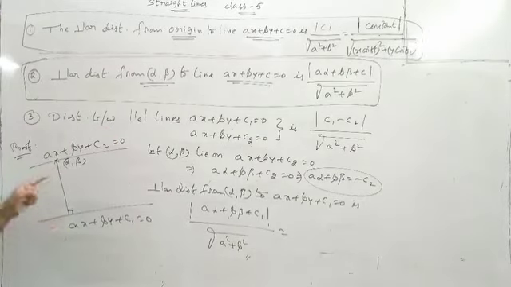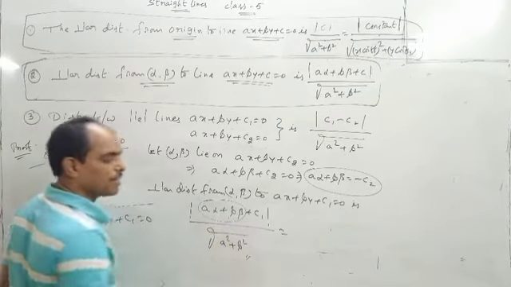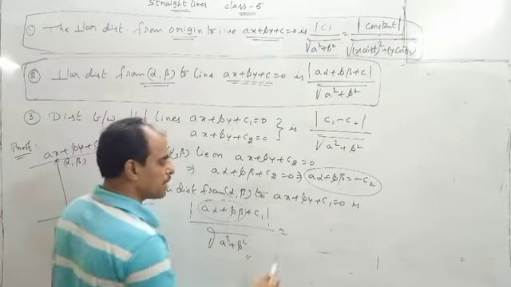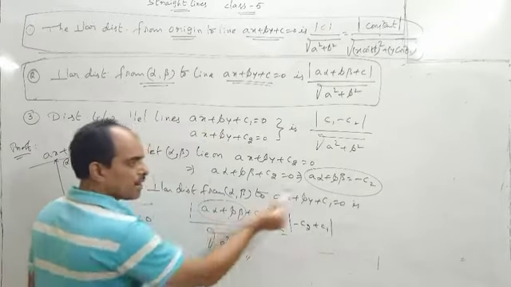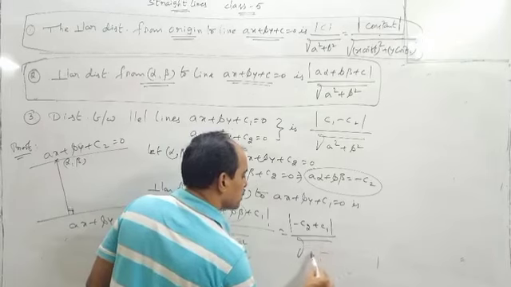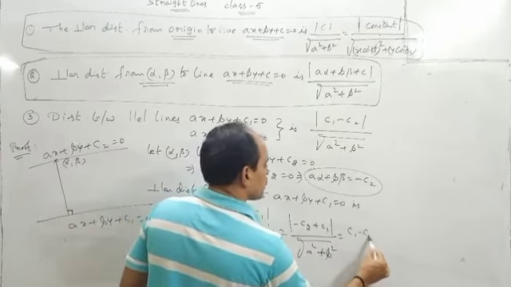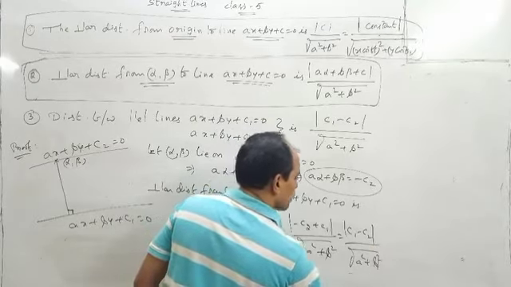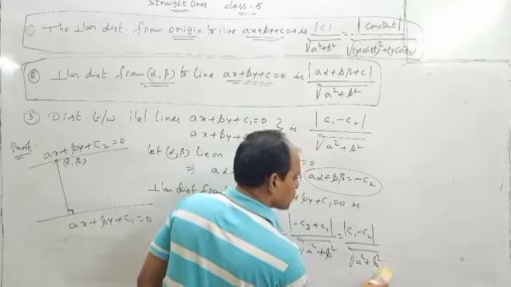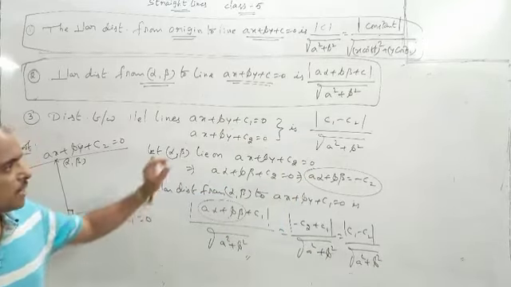This is the distance. Now a alpha plus b beta is equal to minus c2. So replace it, and you get modulus of c1 minus c2 by root of a square plus b square.